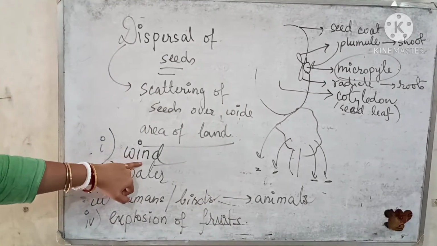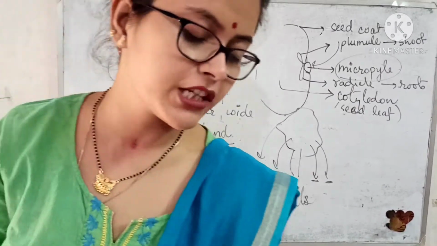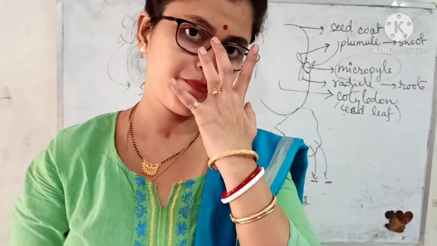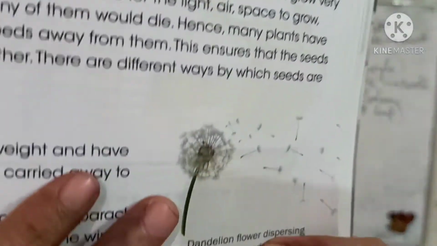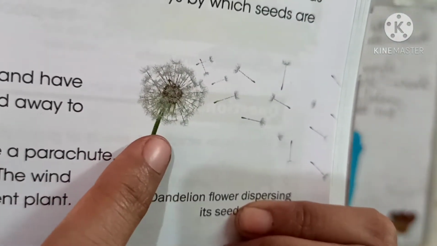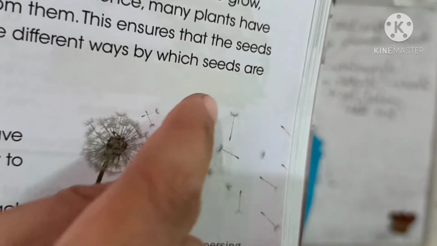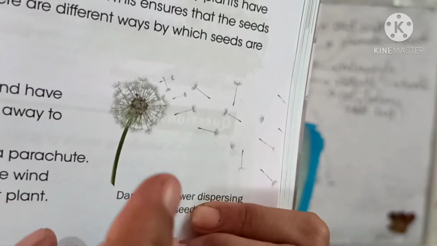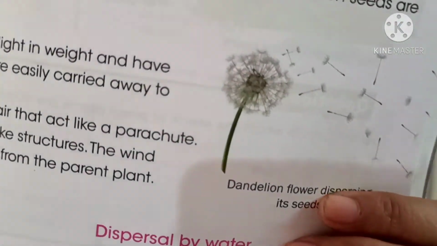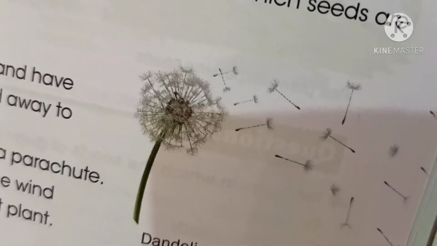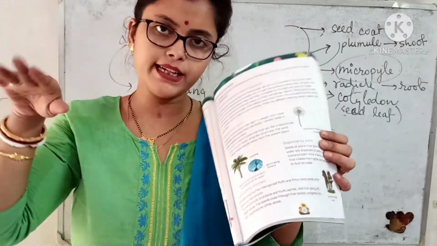Now, what is the dispersal of seeds by wind? That which we see in case of dandelion and maple seeds. You can see in this diagram given in your book, the seeds of the dandelions have hair-like structures that make them very light so that they can easily fly off to distant places. Even the maple seeds have small wing-like structures.